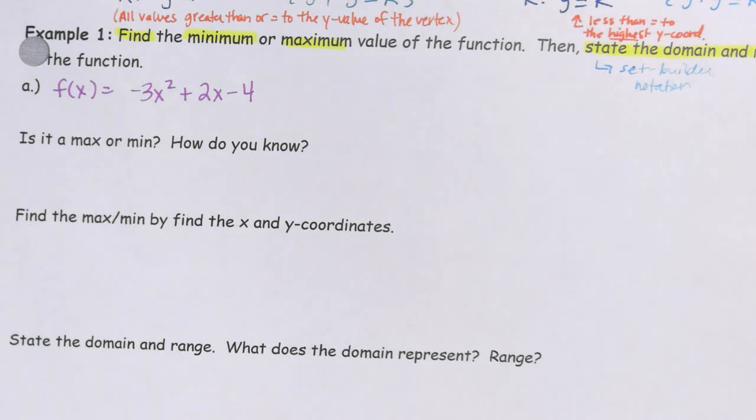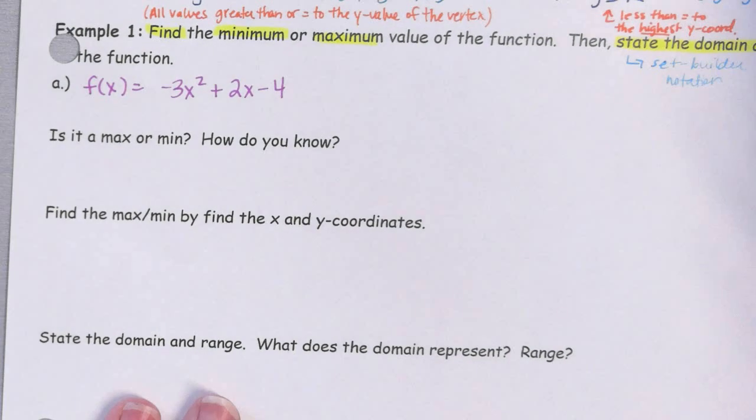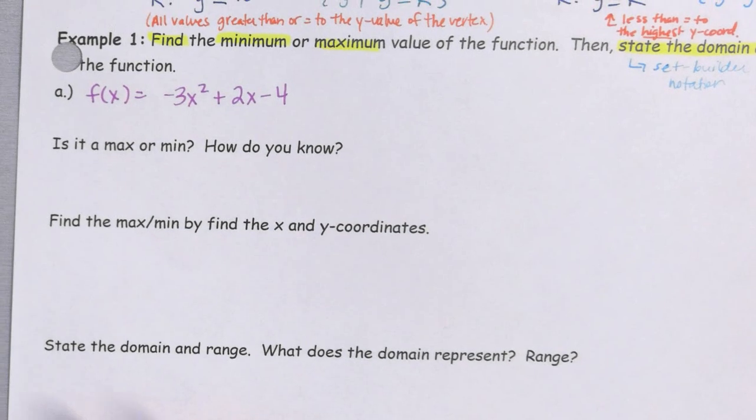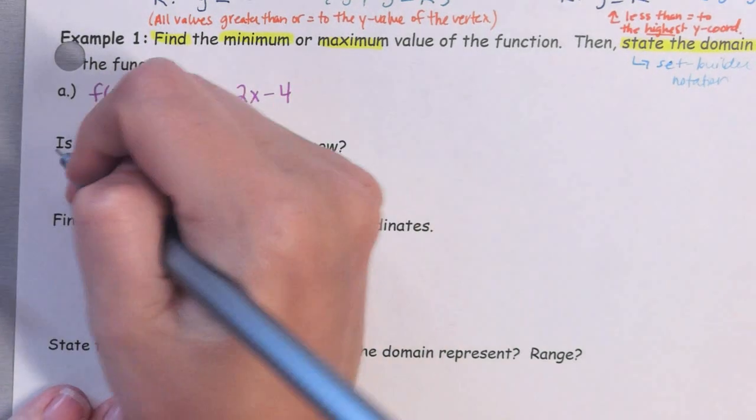Okay, tell me how you know. It's going to be a max because the parabola goes down and A is less than 0. Good. Okay, so it's going to be a max because your A value is less than 0, which means we know that the graph opens down. That's excellent.